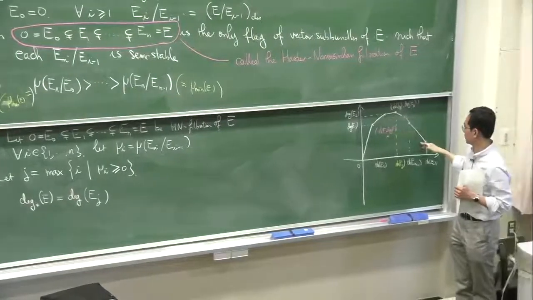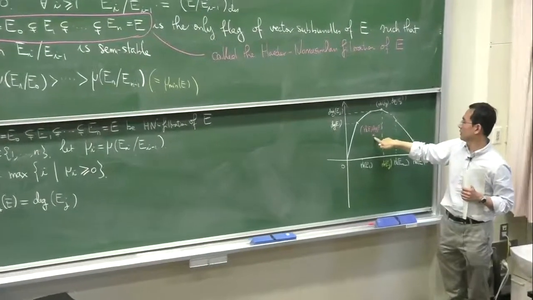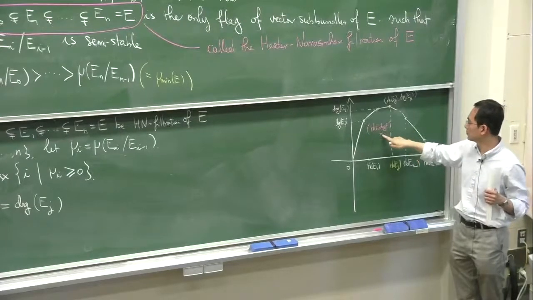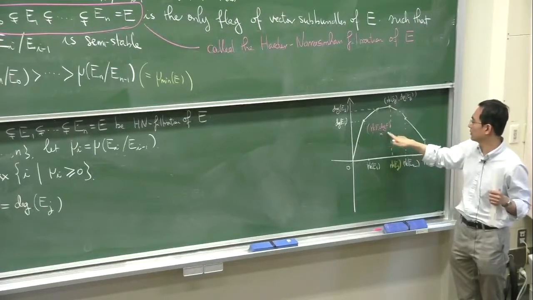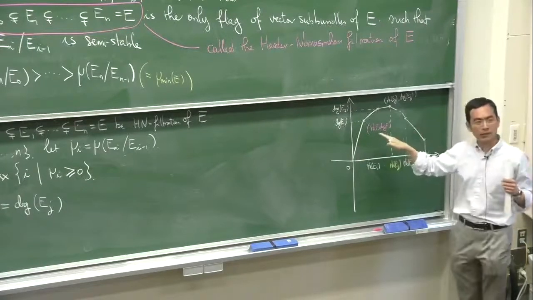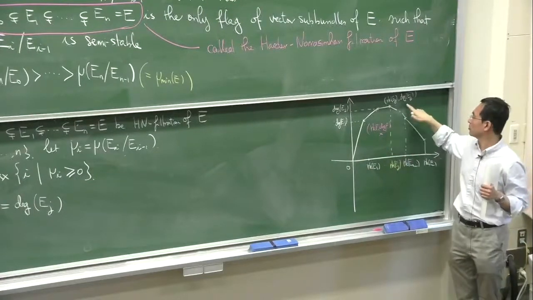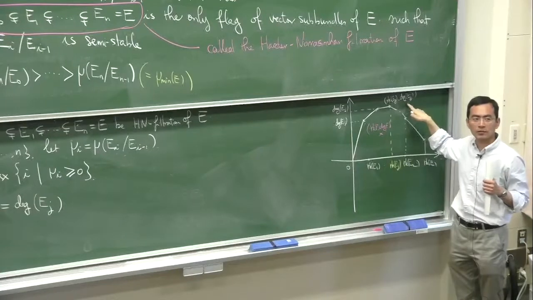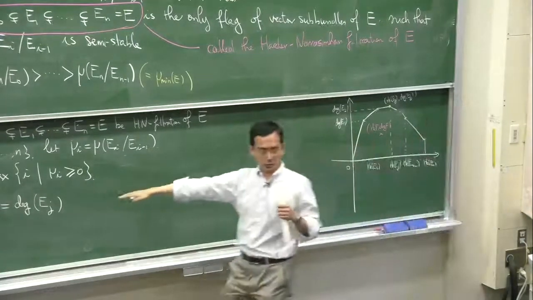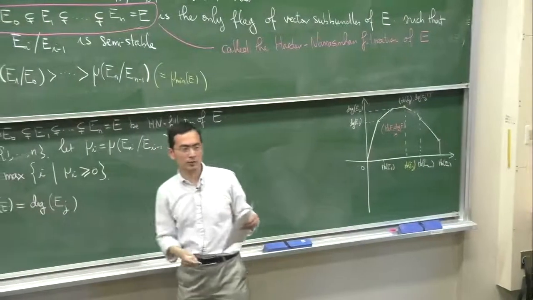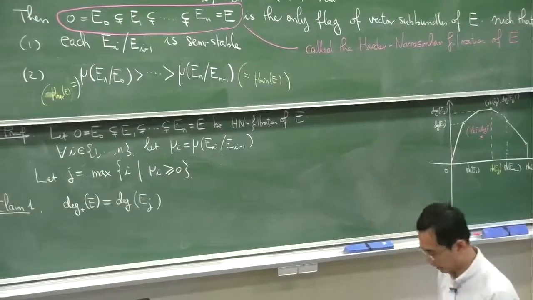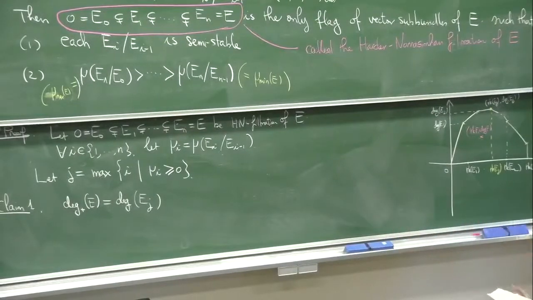It's the maximal value of this concave function. And for any vector subbundle F, if you draw the point rank F, degree F, your point lies below this graph. So degree F should be smaller than the degree of Ej. And therefore, degree of Ej would be a maximal degree. So the maximal degree can be computed using the Harder-Narasimhan filtration.